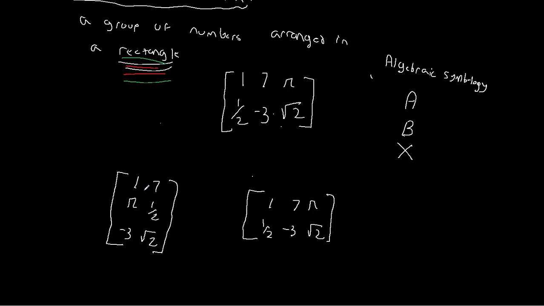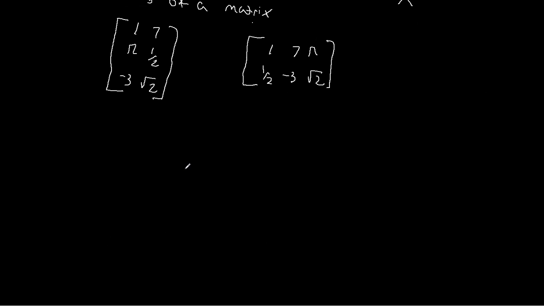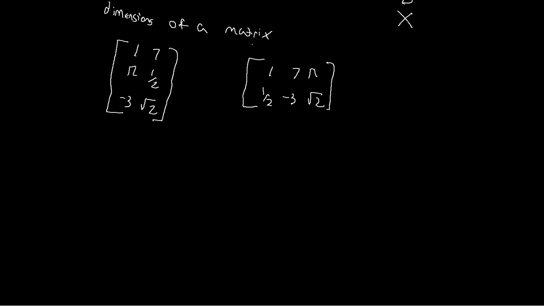So these are the same numbers arranged in two different rectangular matrices. And I have these because I want to describe how we explain the dimensions of a matrix. Right? How do we explain the dimensions of a matrix? Okay, so the dimensions of a matrix.